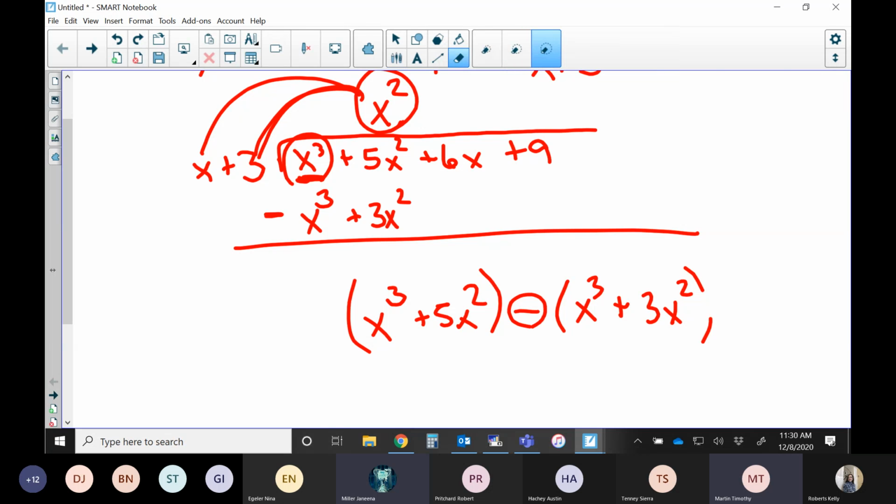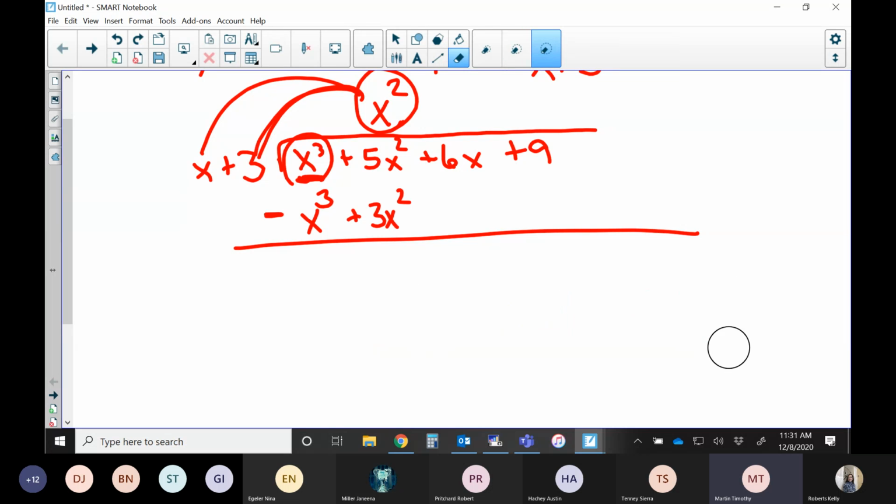So, do you see this subtraction sign up here? Yeah. I personally distribute it. Meaning, what does that make the x to the third power? A negative. What does that make the 3x squared? A negative. Instead of subtracting them, I change both of their signs.